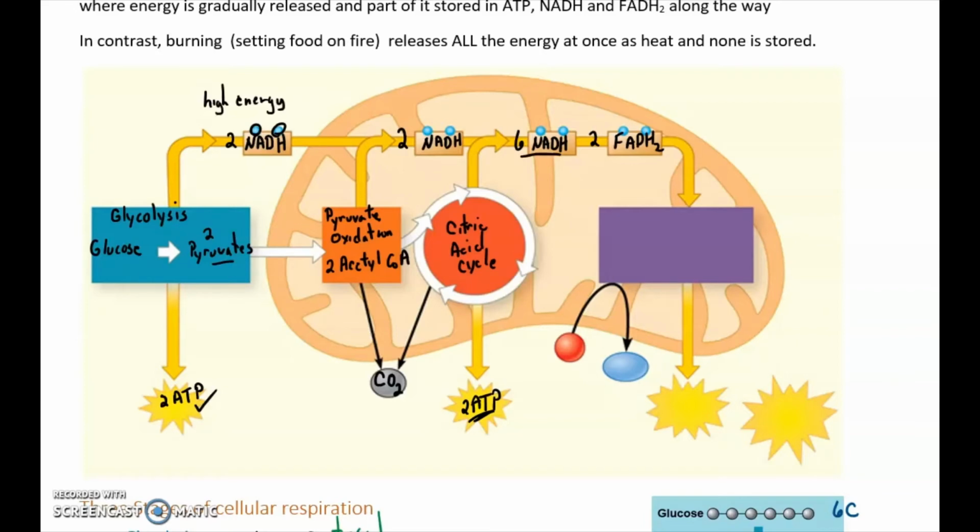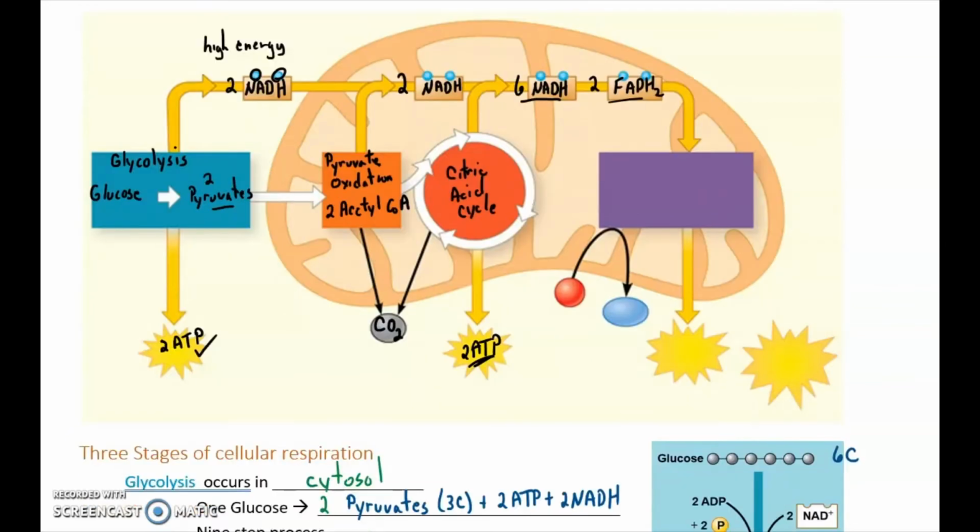We've made 6 additional NADHs and 2 additional FADH2s. So far we've made our 4 ATPs, and we've made a bunch of these high energy molecules, the NADHs and FADH2. Those are going to feed into this purple box, which is going to be oxidative phosphorylation.